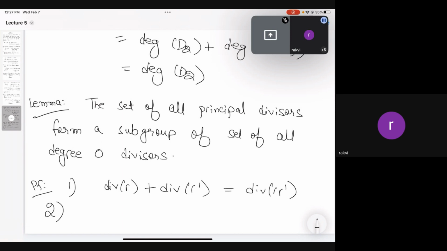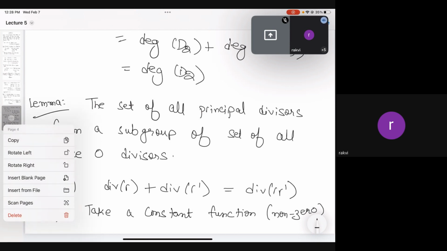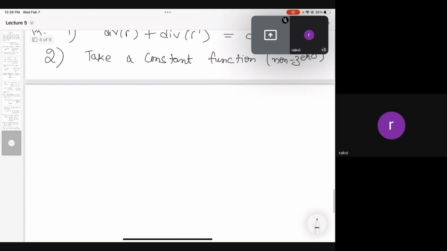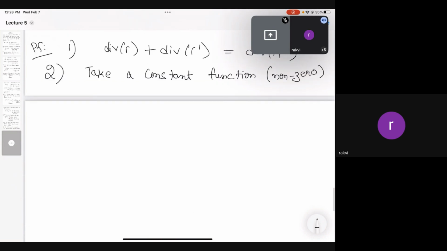Basically if we take a constant function that has no zeros and no poles, that will give us the identity. So take a constant non-zero function, let's call that constant lambda.